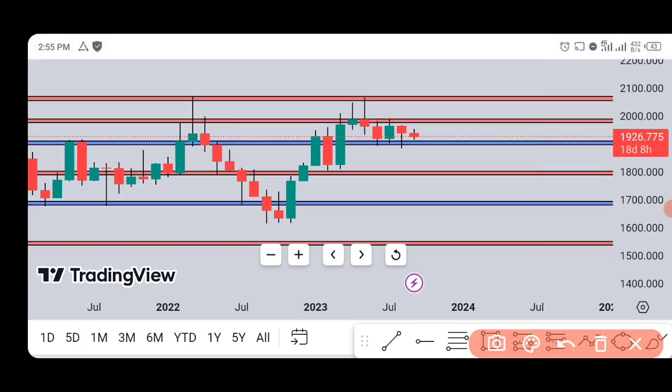On the monthly time frame, for the past 4 months, gold has been inside of this range. Gold has been ranging for the past 4 months. Now, this is September's candle.